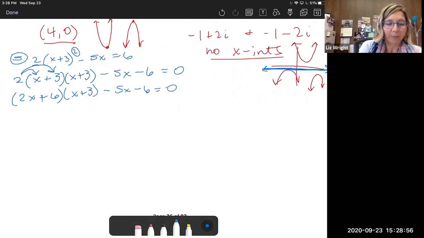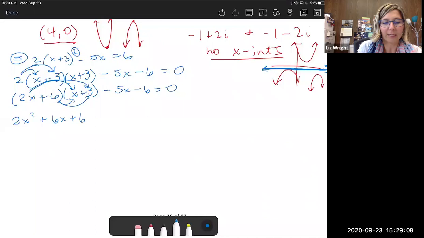And now we're going to FOIL. So we're going to go here, first terms, outside terms, inside terms, last terms. So 2x times x is going to give me 2x squared. 2x times 3 is going to give me 6x, plus another 6x, plus 18, minus 5x, minus 6 equals 0.